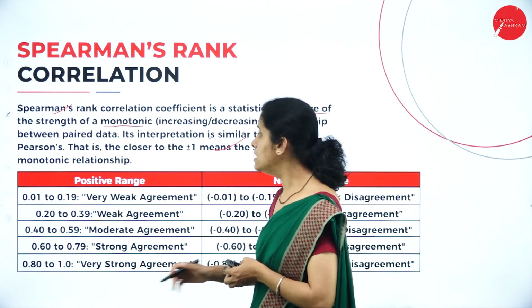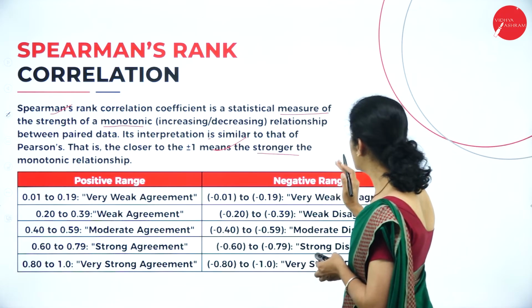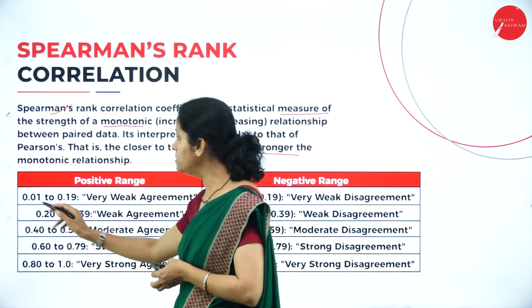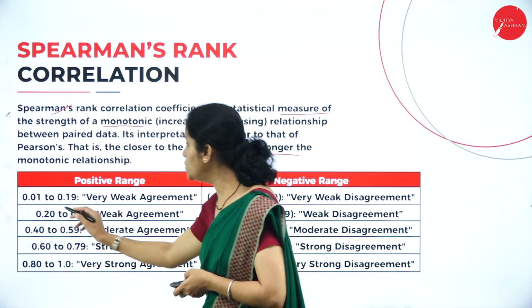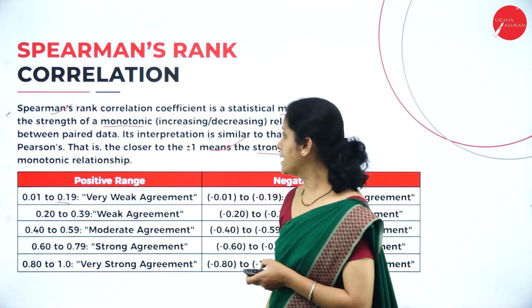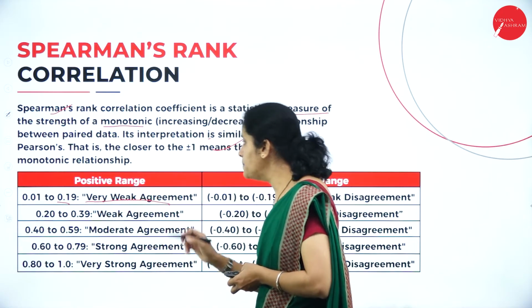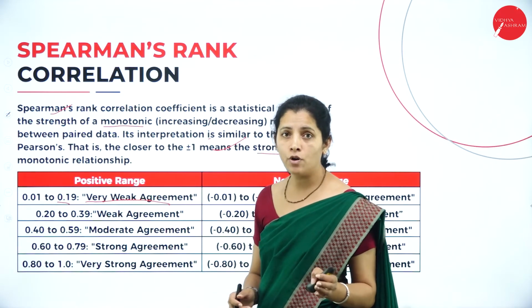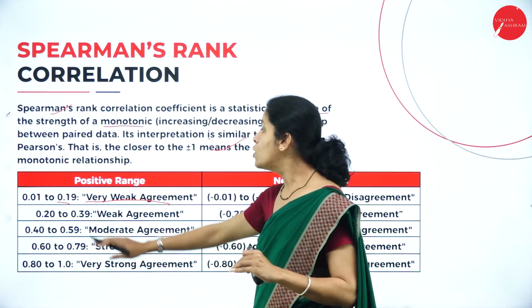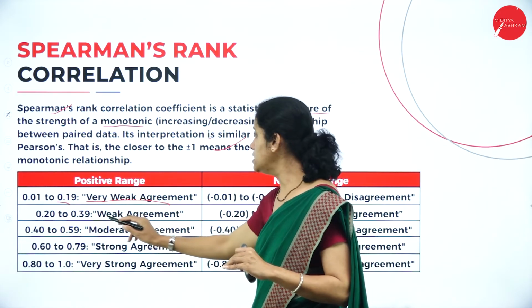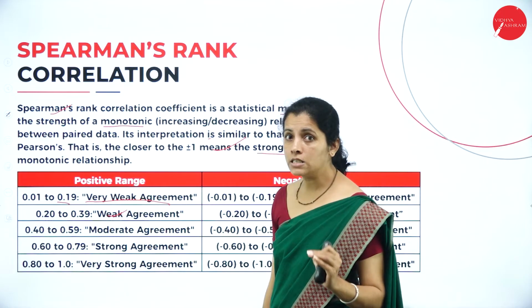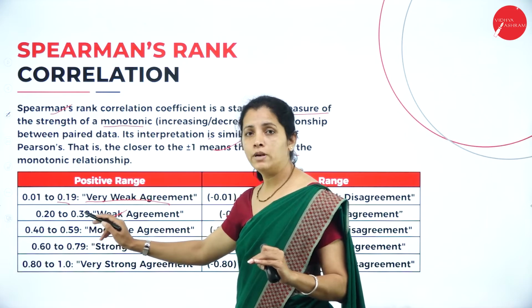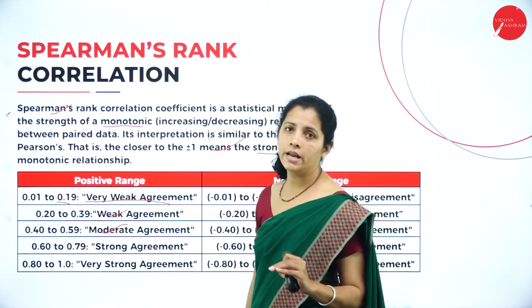Now consider here, these are the positive range and these are the negative range. The positive range starting from 0.01 to 0.19 is a very weak relationship. From 0.20 to 0.39, it is weak. From 0.40 to 0.59, it is moderate.